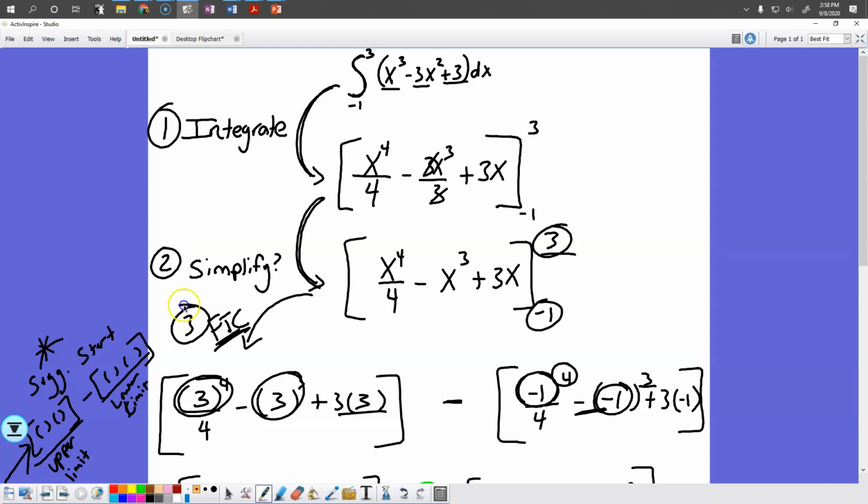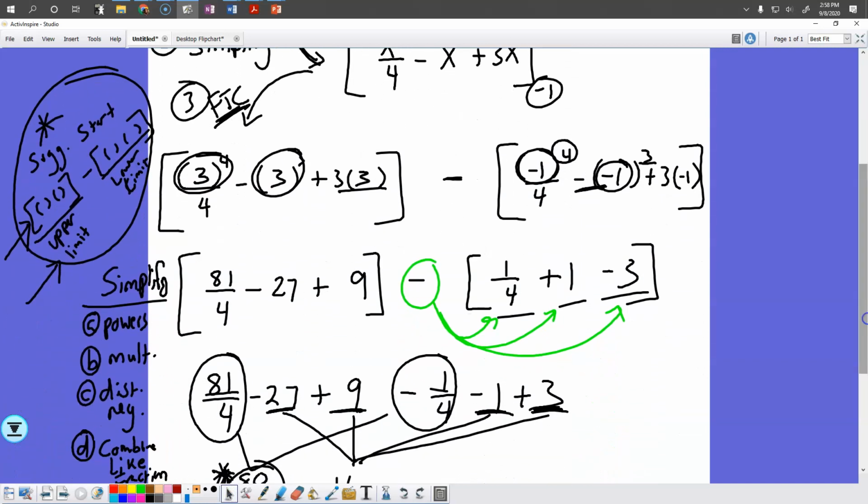Step 3, do the fundamental theorem of calculus, and that's what this thing was about. We spent a long time talking about the proper way to set it up. 2 sets of brackets with a minus in between, and parentheses where the x's were inside, upper limit on the left, lower limit on the right. Okay? After that, it's just a matter of simplifying your result, and that's step 4 there.